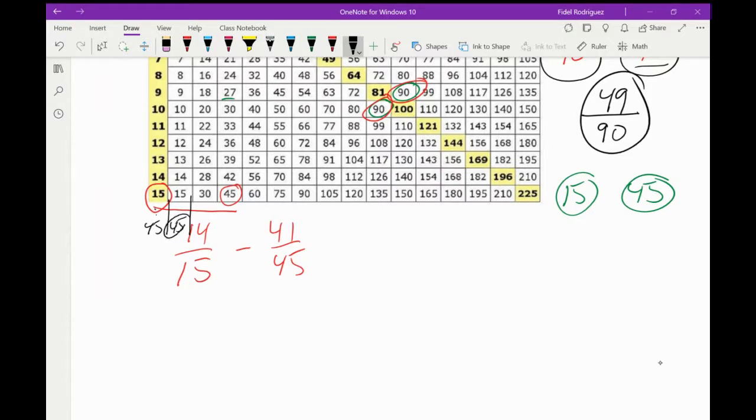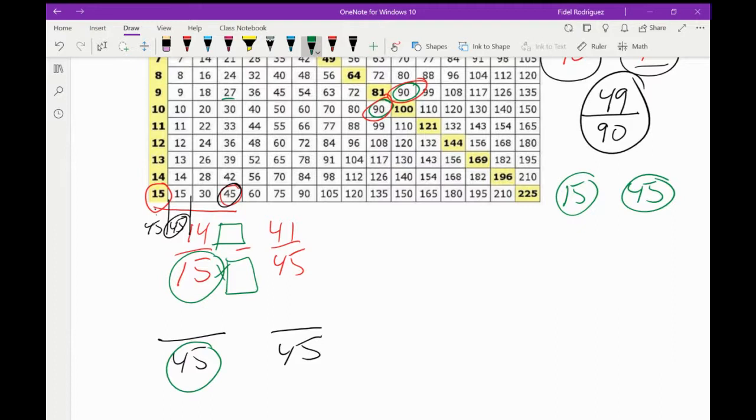So I could say 45 is going to be my common denominator. So I'm going to write a 45 right here, and a 45 over here as well. And I'm going to ask myself, I used to have a 15 before, and now I have a 45. So what did I have to multiply 15 by to get 45? Well, 1, 2, I had to multiply it by 3.